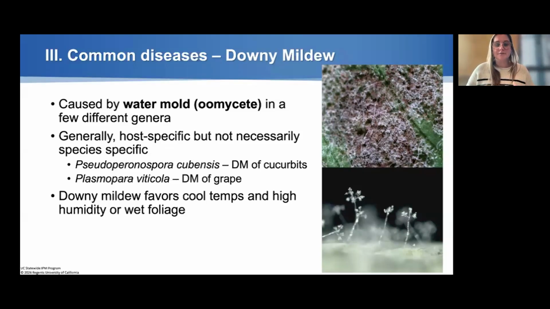So downy mildew favors cooler temperatures and high humidity and wet foliage. So in general, it is less of a problem in California if you have proper irrigation management and don't have too much overhead watering, or your plant's leaves aren't staying too wet for too long.